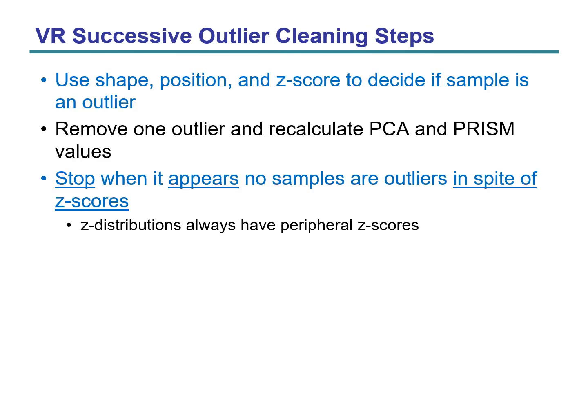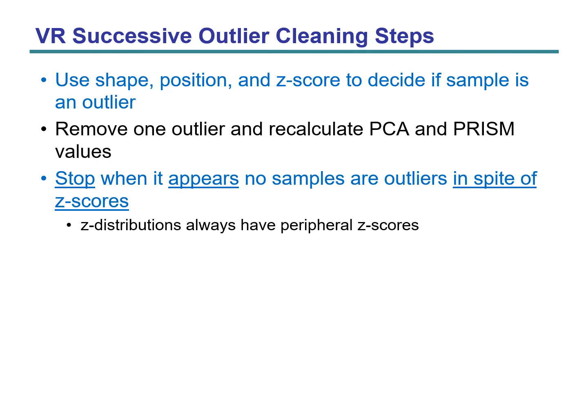The way we run the process is we're going to use shape, position, and z-score, especially at first, if there's super big z values, and then later, not so much the z-score, but more just the shape and position of the samples relative to the rest of the training set.